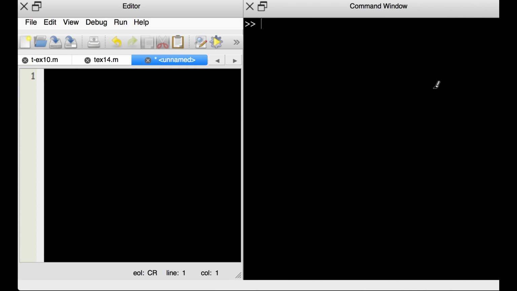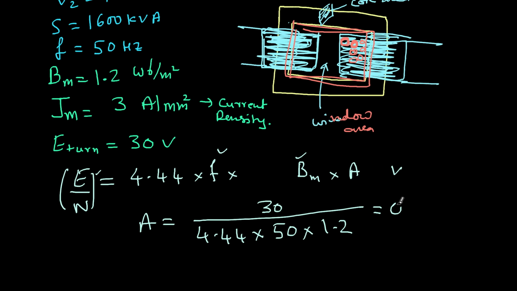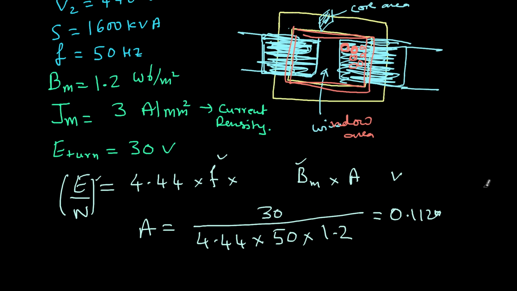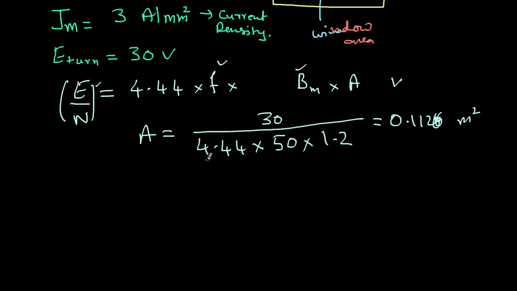I have 30 divided by 4.44 multiplied by 50 multiplied by 1.2. So here I am getting 0.1126 meter square, or this is nothing but 1126 centimeters square. So this is the area of the core.